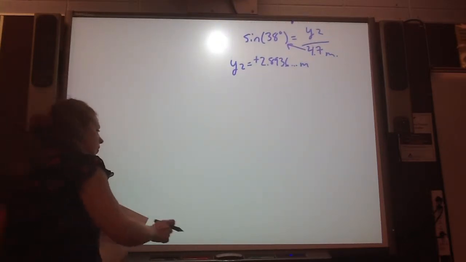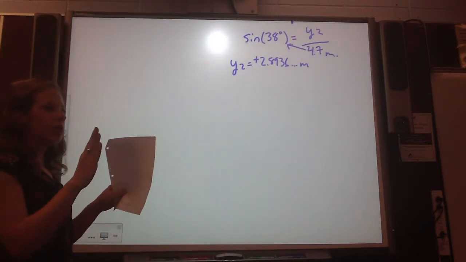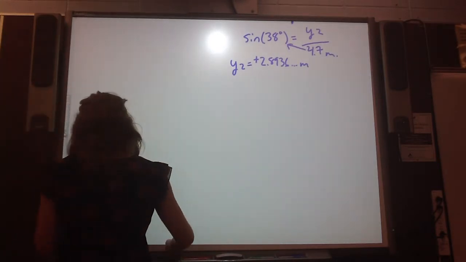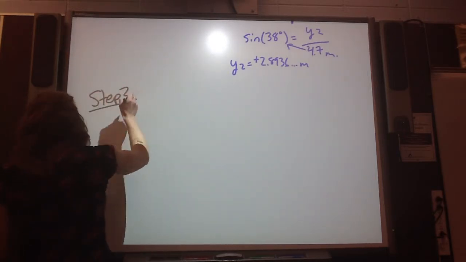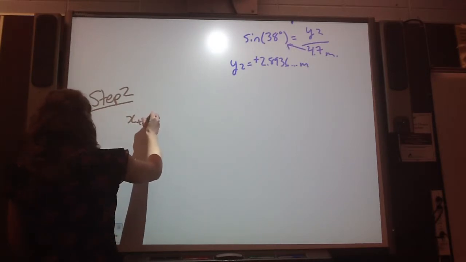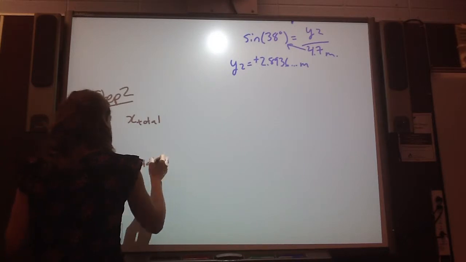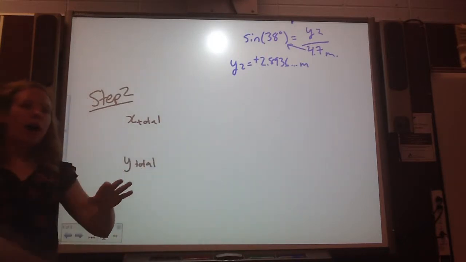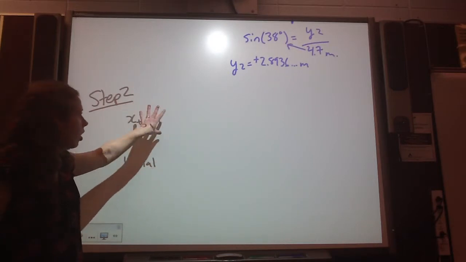Okay, so that was all step 1, breaking my vectors down into their individual components. Now I can do step 2: x total and y total. So I now look at everything that I did going either east or west, and I add it all up.